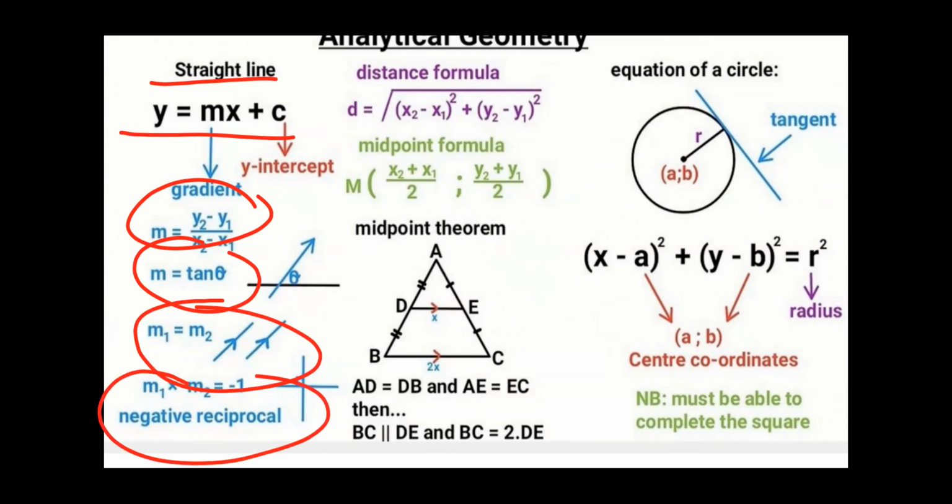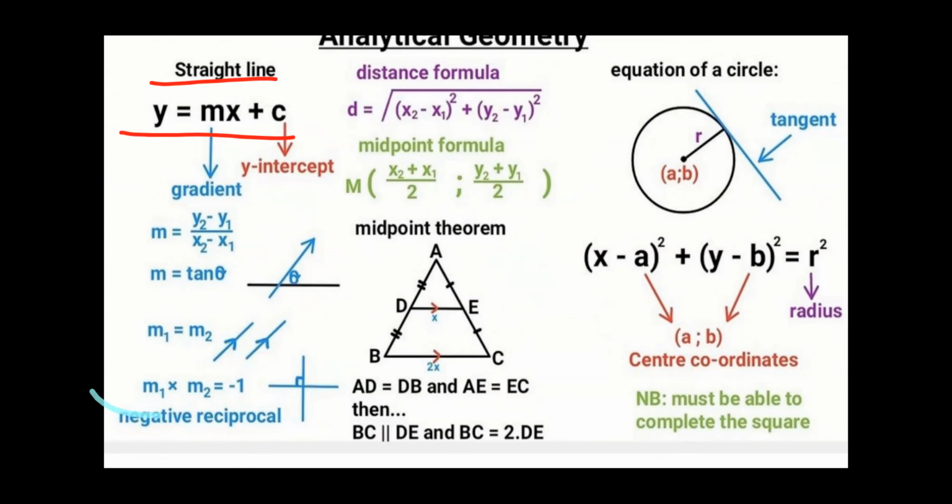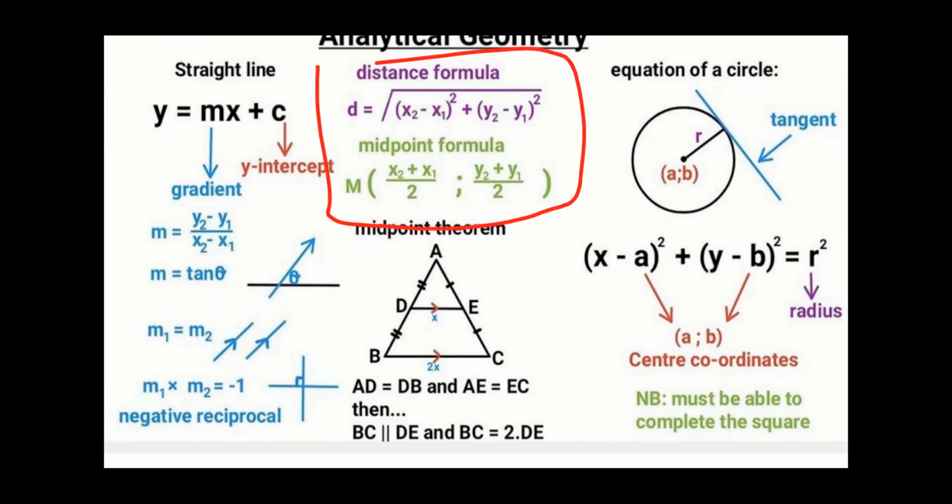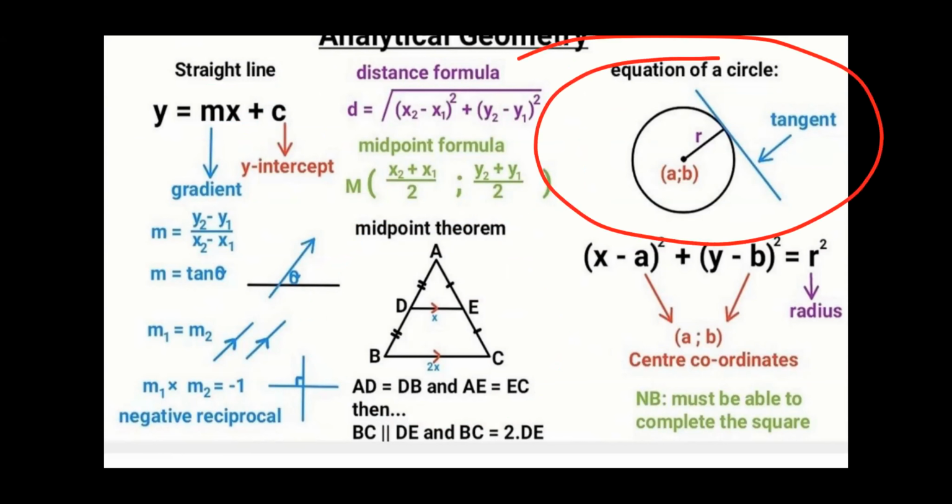When you have perpendicular lines, that's the negative reciprocal, so the gradients multiplied should give you -1. I also briefly went over the midpoint theorem in that one question. Here's the midpoint and distance formula. And then the ones that we didn't cover so far were the equation of a circle and the equation of a tangent.